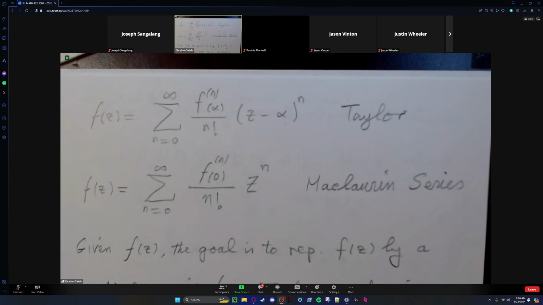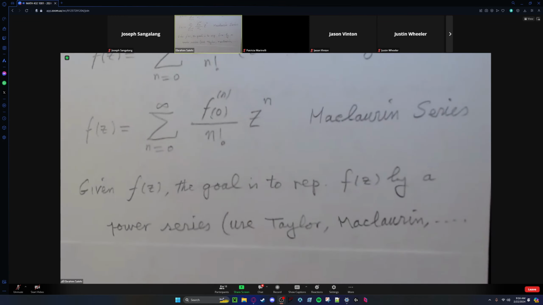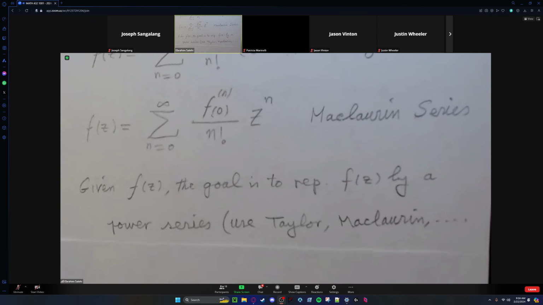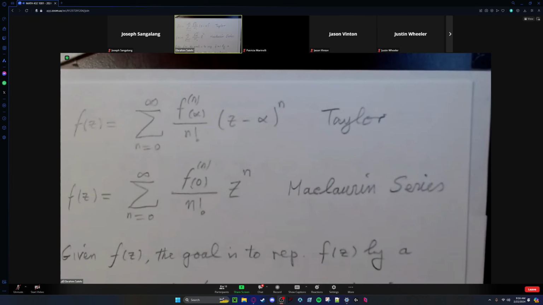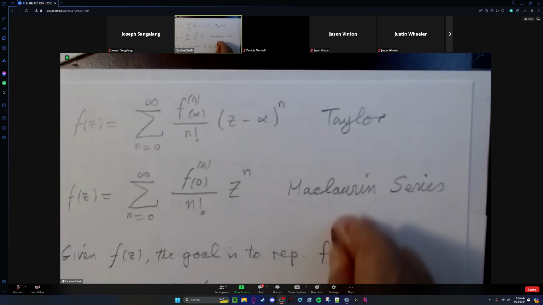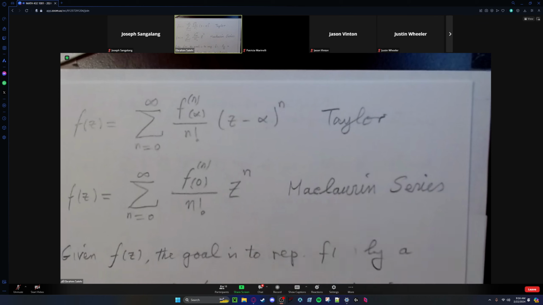So from this point on, since we like power series, given a function, we will try to find a power series representing that function, all right? Either a Taylor series or a Maclaurin series, just a power series representing the function.